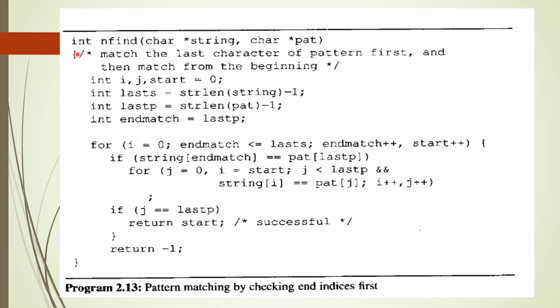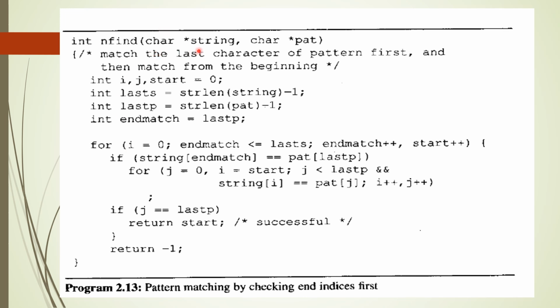The procedure that I explained is represented in this algorithm. The return type of this function is int, that is, it will return the position of the pattern if the pattern is found, otherwise it will return a value of -1, indicating that the pattern is not present in the given text.